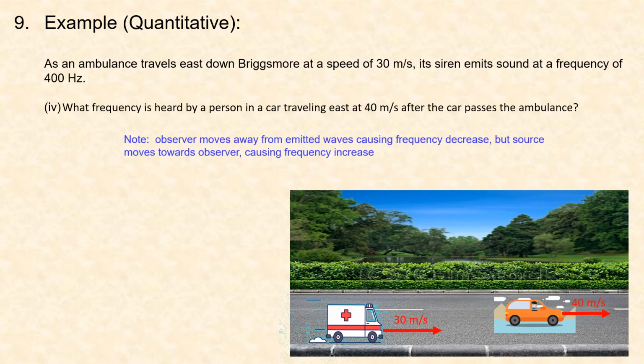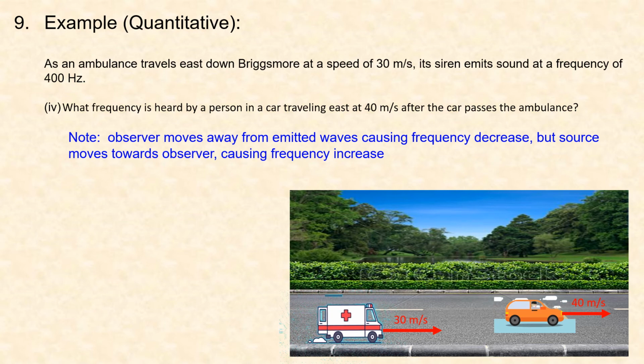Here we can say that the observer in the car moves away from the source of sound, so that should cause the frequency to go down, but the source of the sound, the siren, is moving towards the observer, so that motion should make the frequency increase.